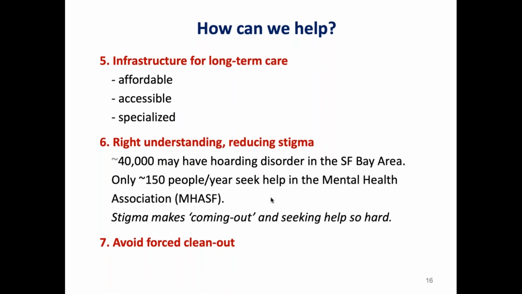Based on the prevalence rate, there are about 40,000 people that may have hoarding disorder in the San Francisco Bay Area. However, only about 150 people per year seek help at this mental health association. And so we believe that stigma makes, quote unquote, coming out and seeking help really, really hard.